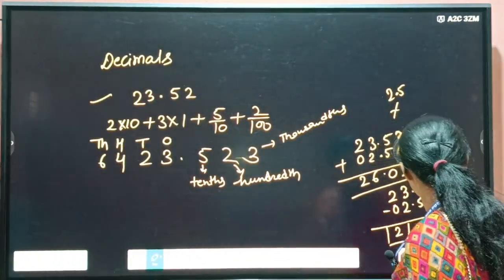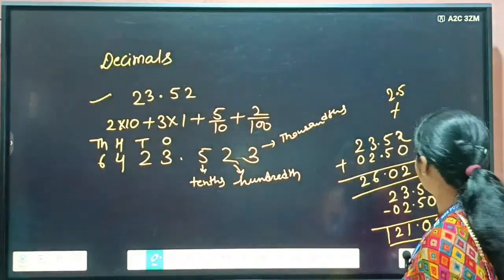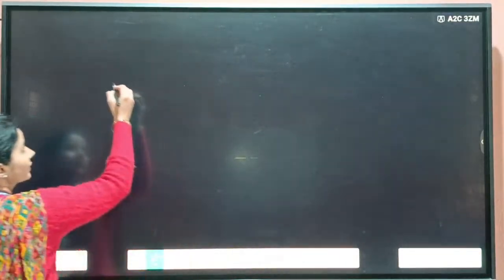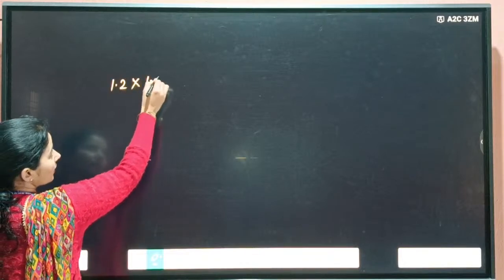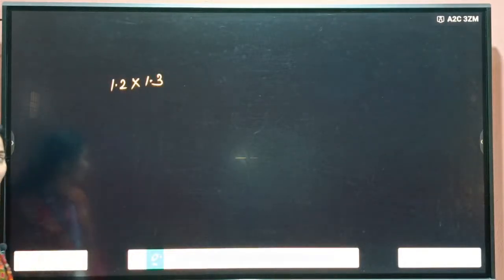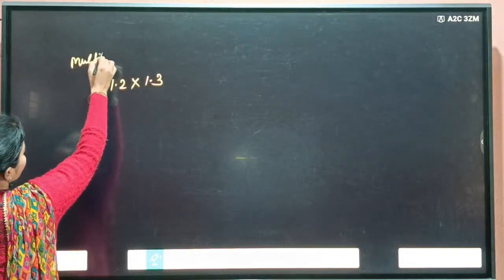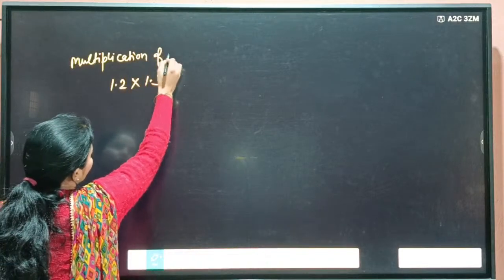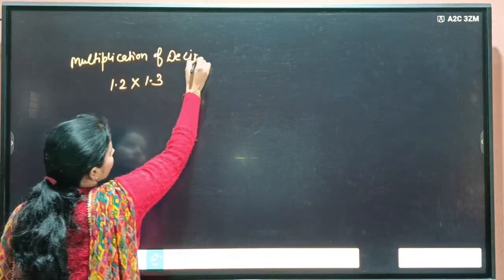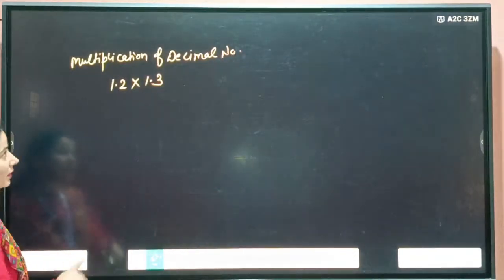Now how can we multiply or divide two decimal numbers like 1.2 and 1.3? Multiplication of decimal numbers.